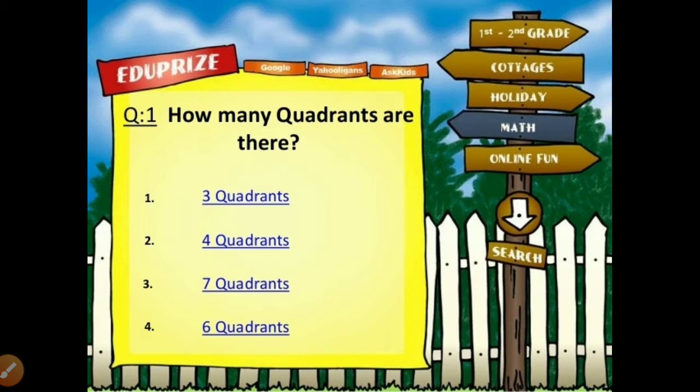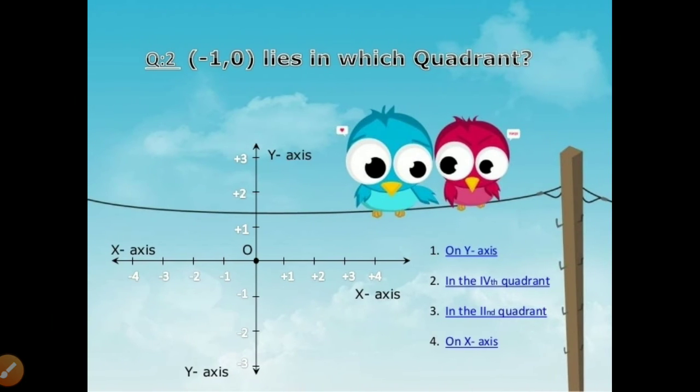Second: -1 and 0 lie in which quadrant? You need to tell the quadrant name, like first quadrant, second quadrant, third quadrant.